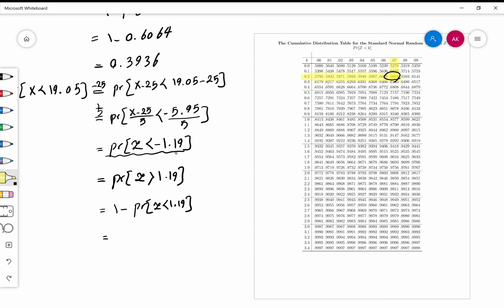1.1, this is 1.1, and go all the way down to the 0.09.